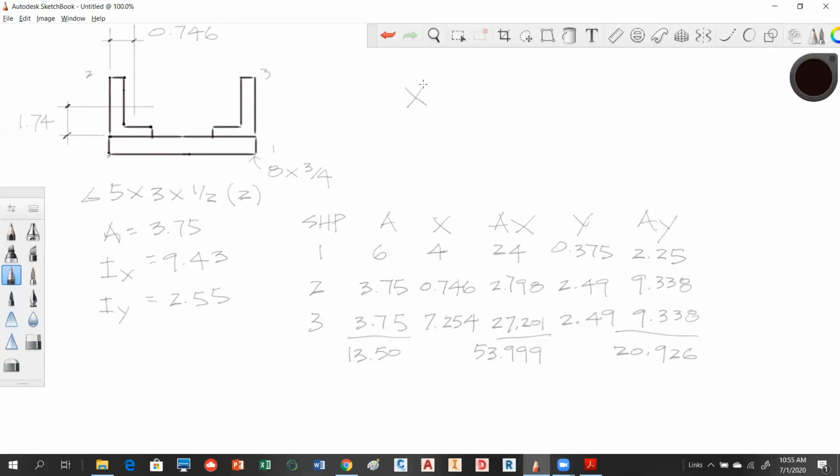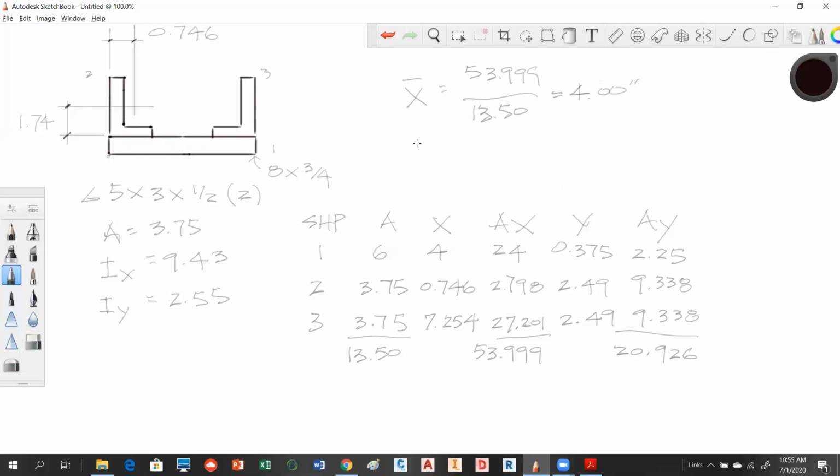So X bar is 53.999 divided by 13.5, and what that gives us is approximately 4 when you round it out. You're going to get 4 inches.